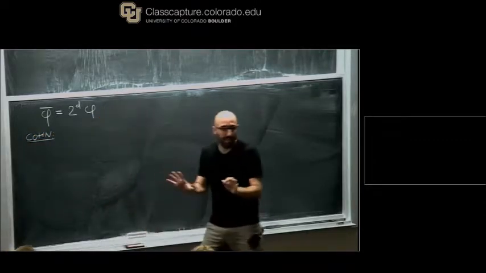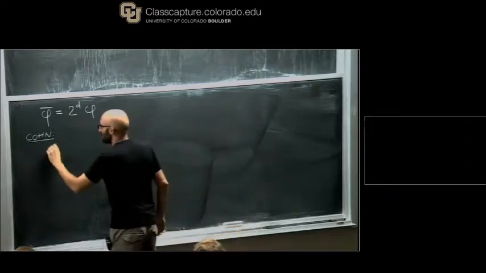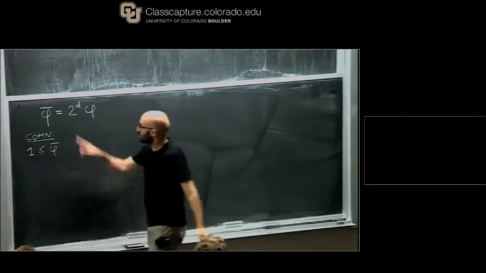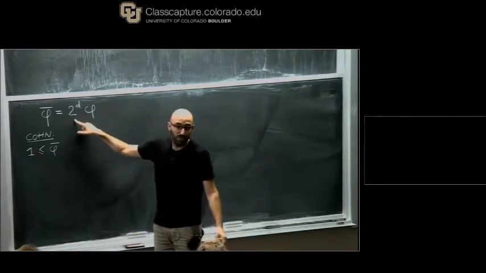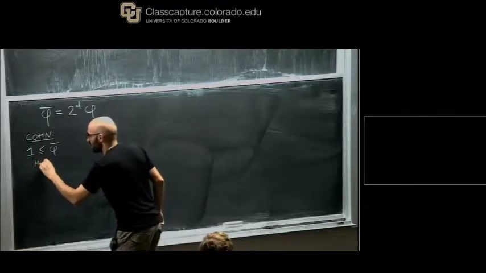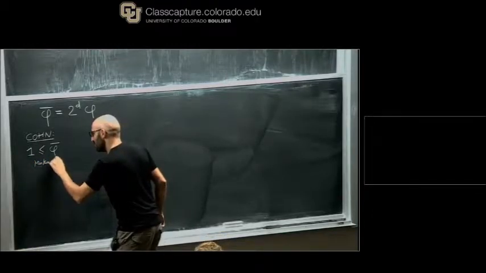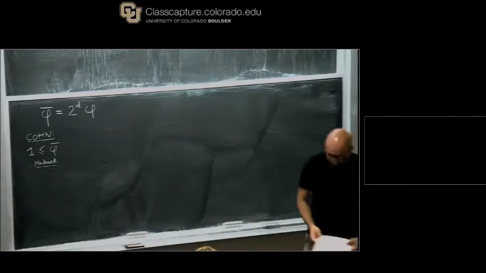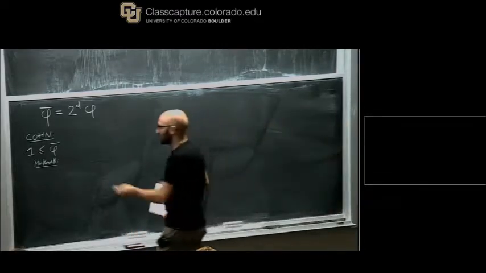If we look at the packing problem, what we know is that phi bar is bigger or equal than 1, because phi is bigger or equal than 1 over 2 to the d. This is called the Minkowski lower bound, and it is the one that he proved with a very simple proof by the saturation argument.